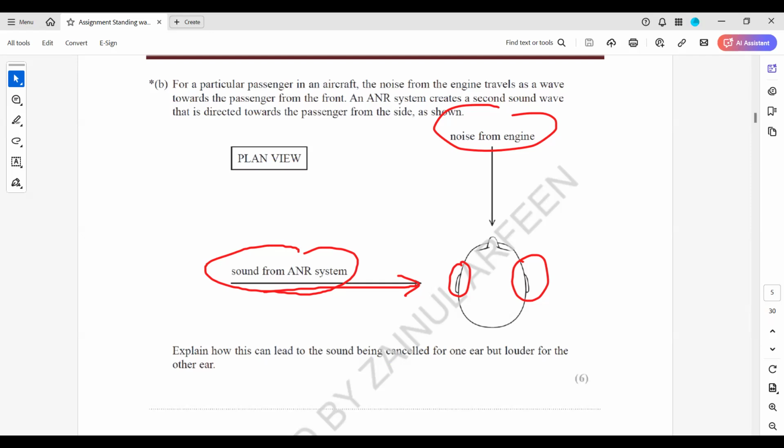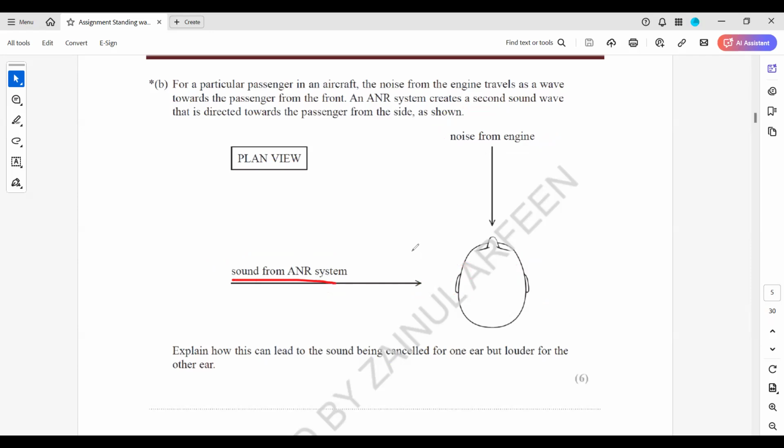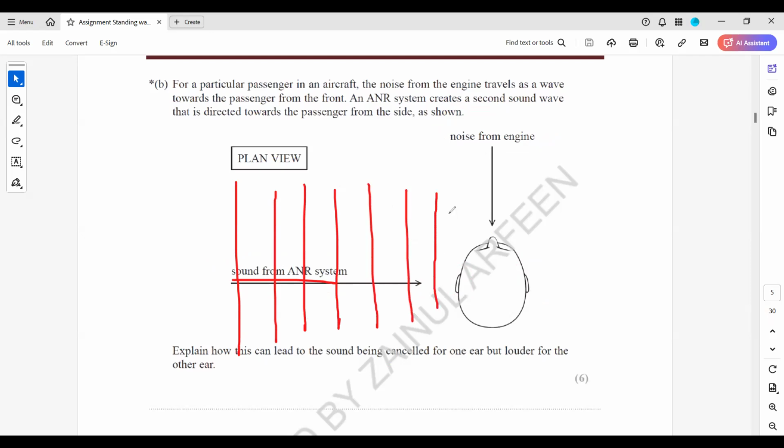As you can see, the sound from the ANR, when it is passing, say this is representing the sound waves. These are the wave fronts I drew. When it passes, it will diffract.